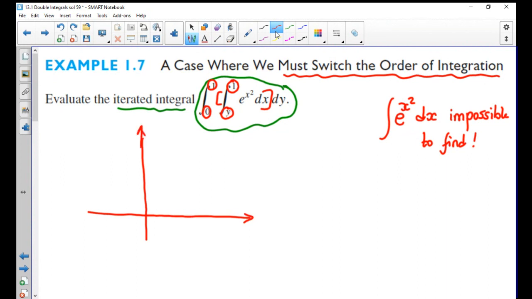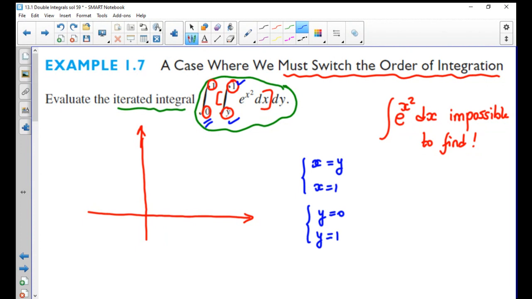If you look at this integral, x goes from x equal y to x equal 1. So I need to graph these two things. And y goes from 0 to y equal 1.